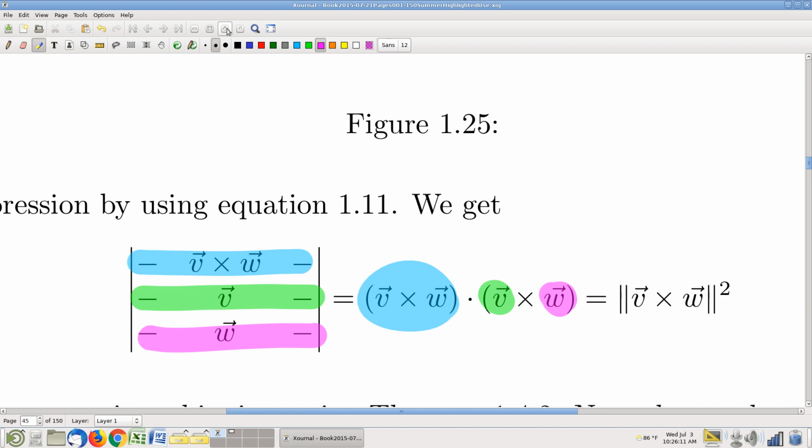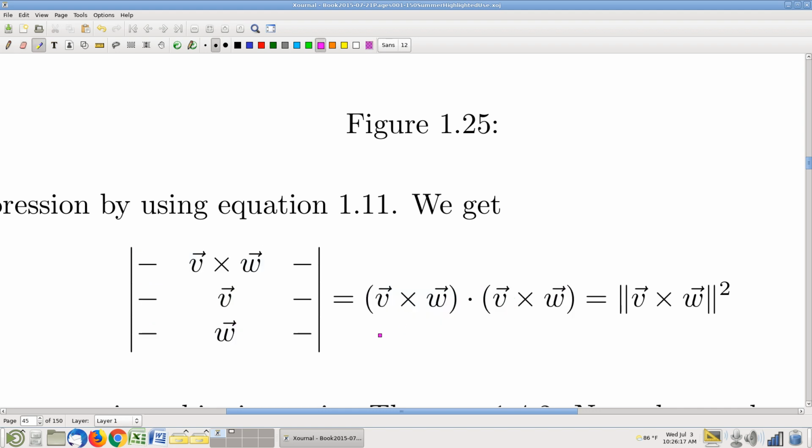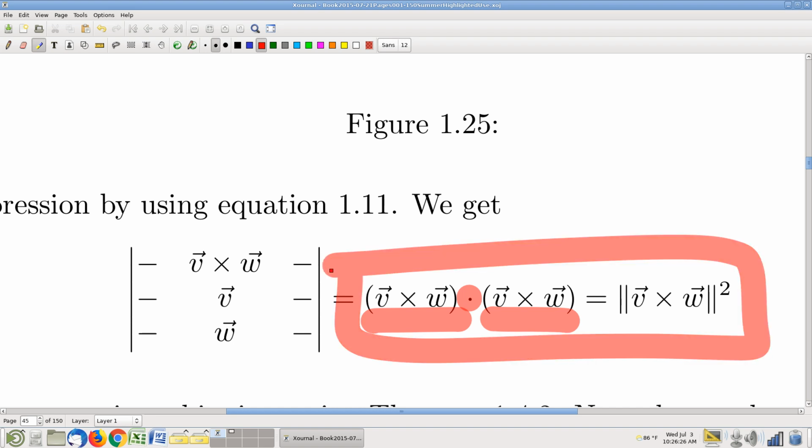This particular determinant is that particular triple product. Having observed that, now I also notice that this is a vector dot itself, and a vector dot itself is magnitude squared. So that's the first half of my argument.